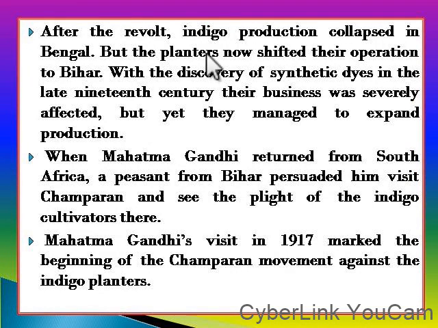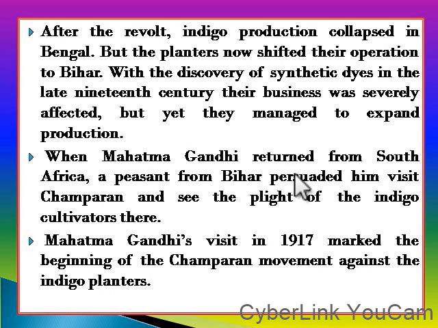After the revolt, indigo production collapsed in Bengal, but the planters now shifted their operations to Bihar. With the discovery of synthetic dyes in the late 19th century, their business was severely affected, but yet they managed to expand production.